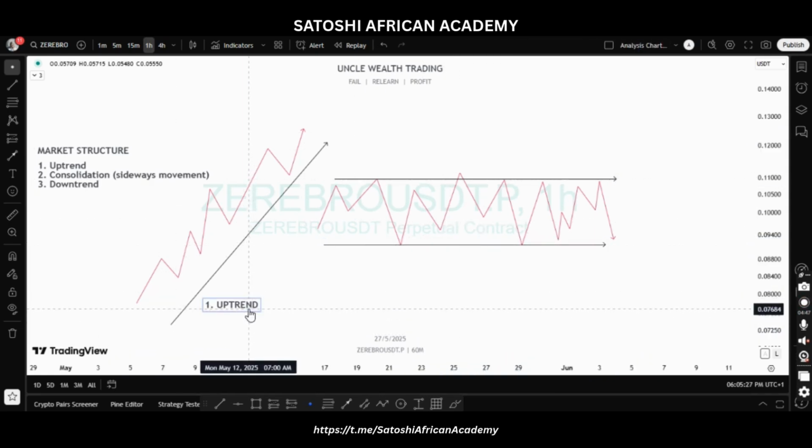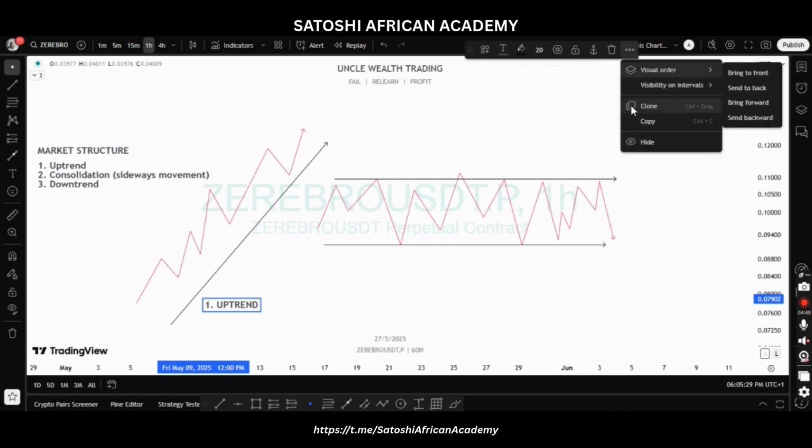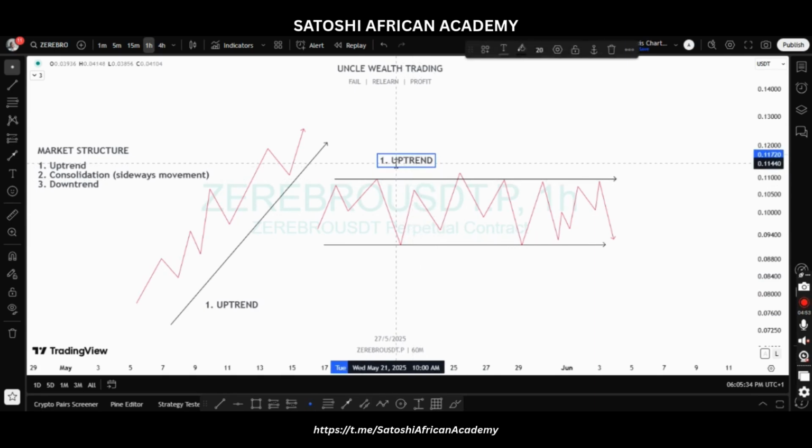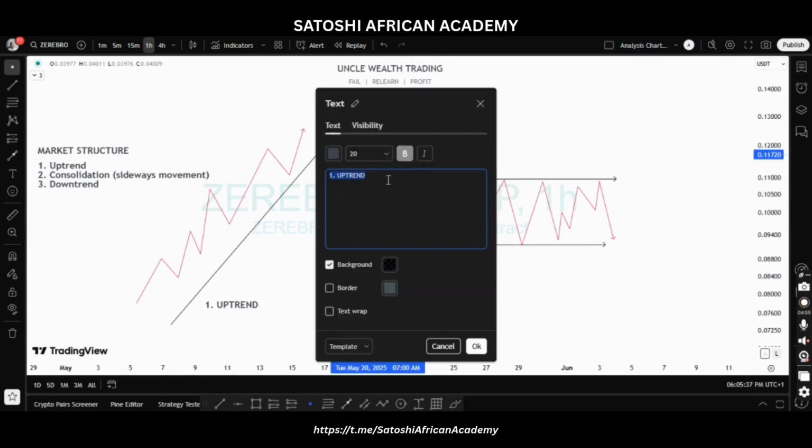So what we call this is a consolidation, or sideways movement, or a ranging market. If you hear any of these terms, it just basically means the same thing.